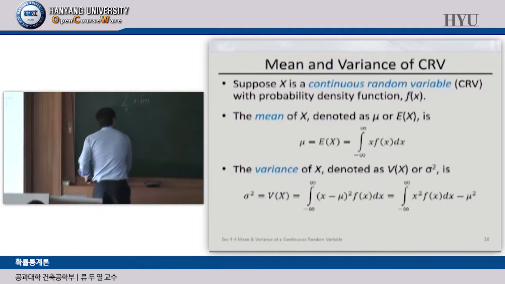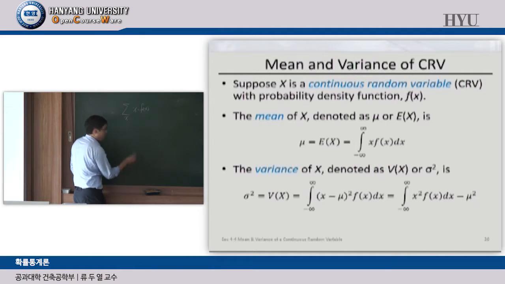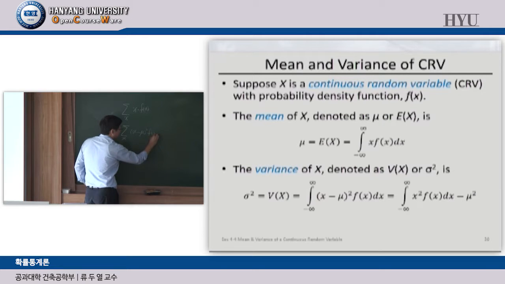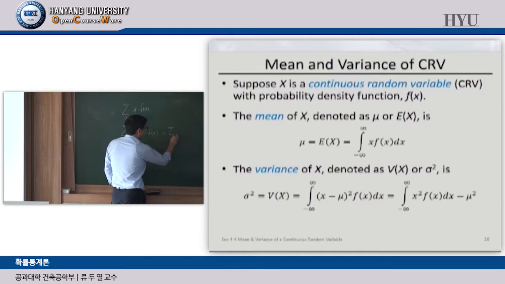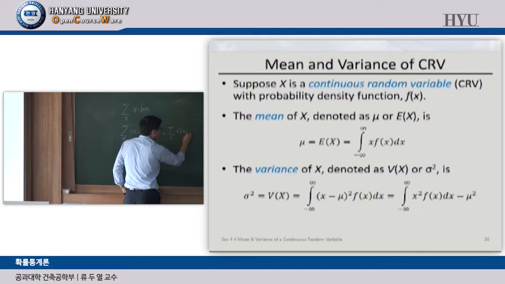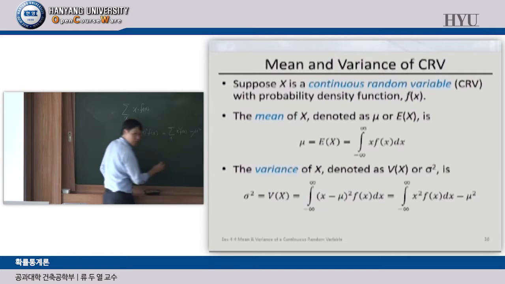And for the case of the discrete random variable, the variance was the summation of (x minus mu) square f(x), right? Or it was the summation of x square f(x) minus mu square.